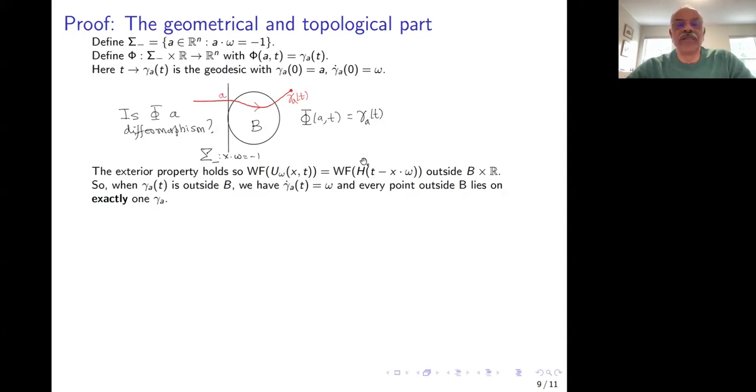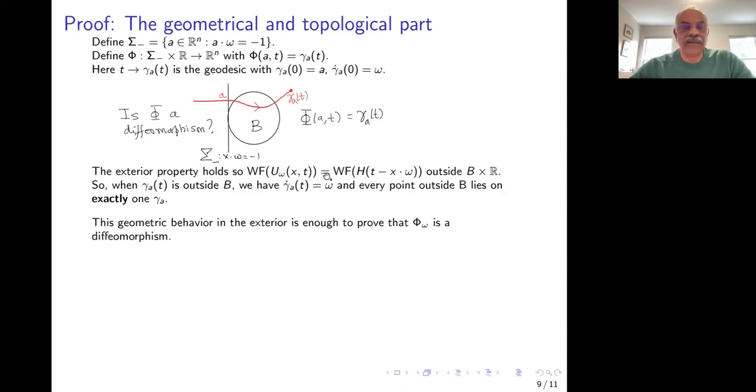That's what the wavefront information says. You send in these geodesics going in the direction omega, they go inside and do all kinds of strange things. But when they come out, because the wavefronts are the same, they must be parallel to omega. So that's the exterior property, from the wavefront set.